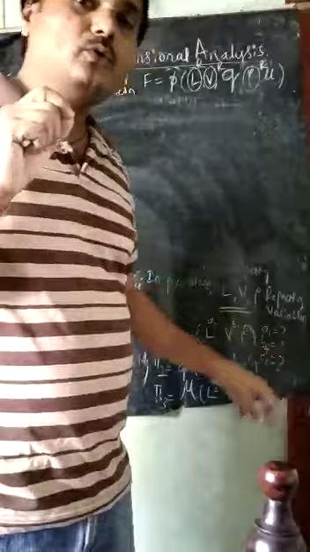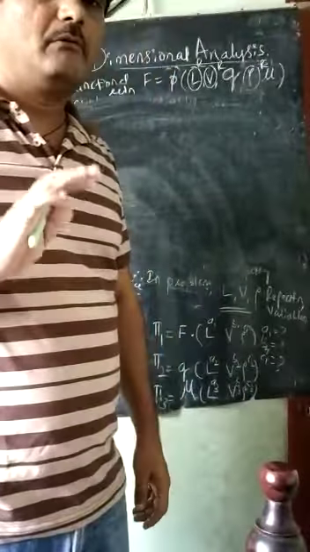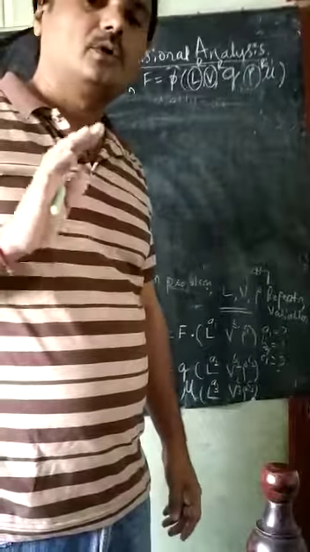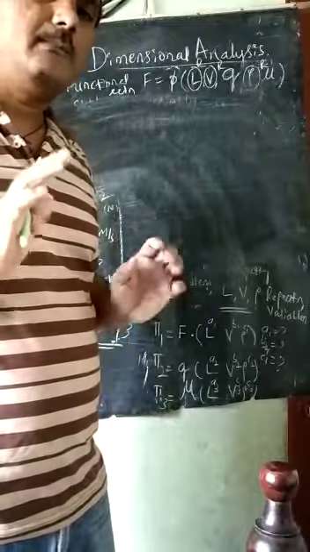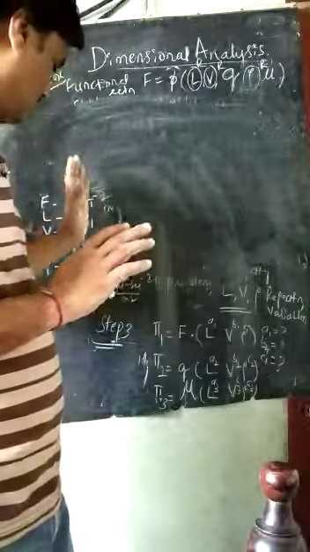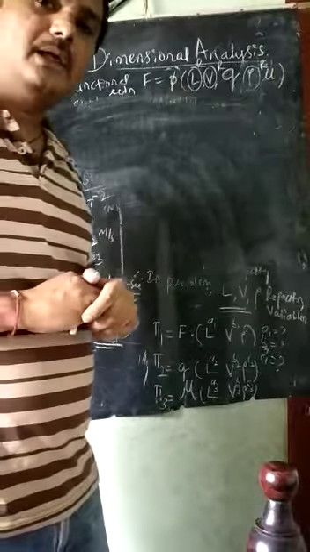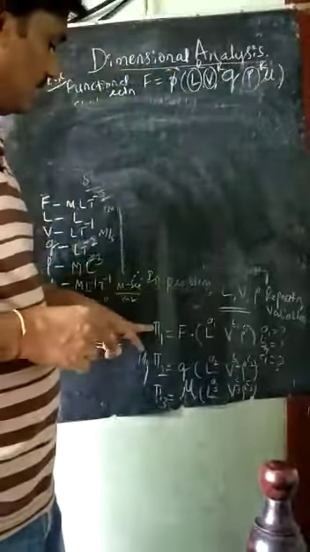We need to write this MLT form for each variable very correctly, otherwise the problem will go wrong. It is from the basics. From the unit we need to write the MLT very correctly here at the side. I have written MLT for all the variables, and I have already told how to write MLT. Next I will choose pi 1 first.